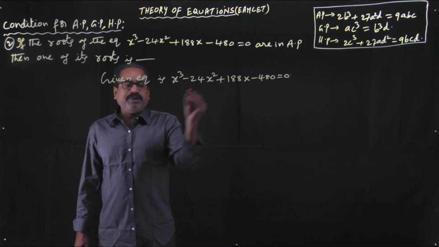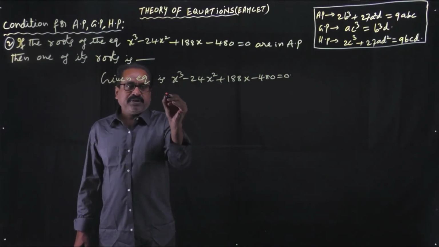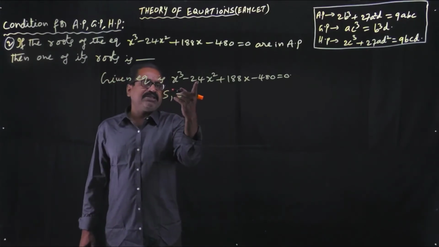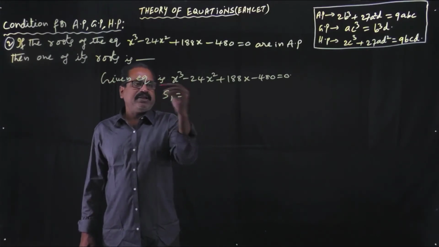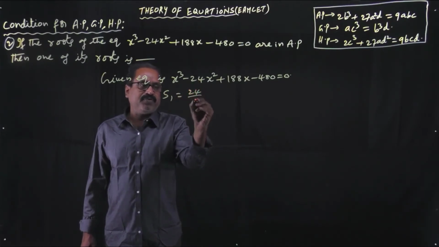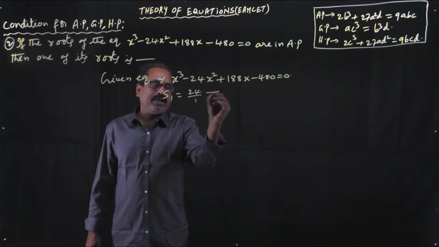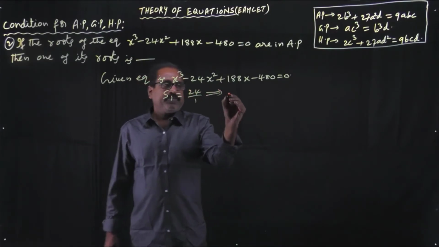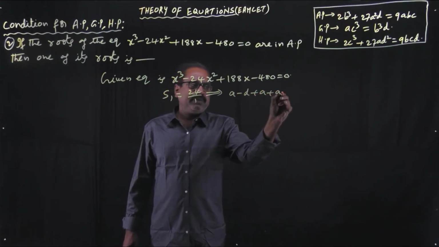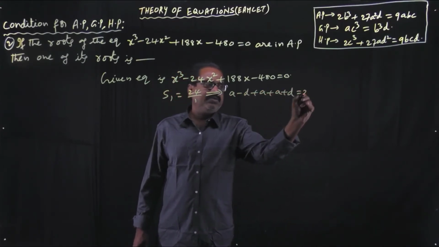This is a cubic equation. S1, the sum of the roots, is minus a1 by a0, which is minus of minus 24 by 1. This implies a minus d plus a plus d equals 24.